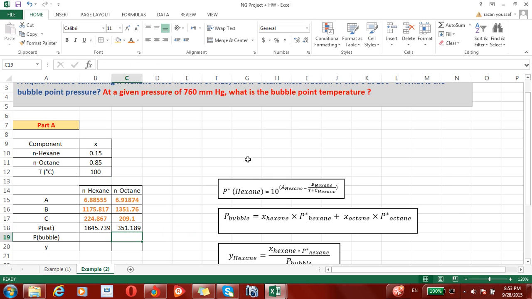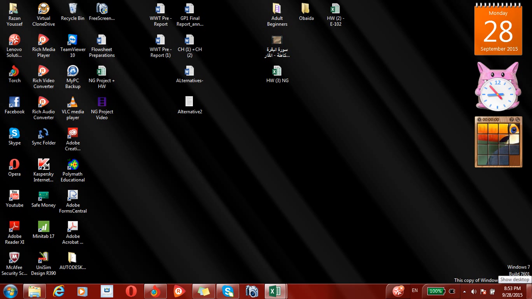Okay, now for calculating the bubble point pressure, we have this equation, which is a function of the saturated pressure and the mole fraction of the liquid. So basically, it will be the summation. As many components as you have, you need to add them together to get your answer.